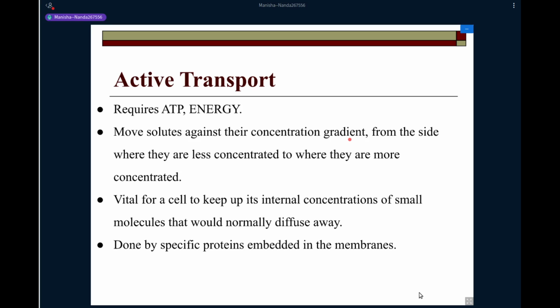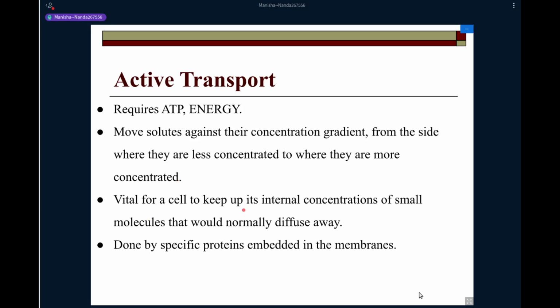This movement happens in the form of energy, so they move solutes from the side where they are less concentrated to where they are more concentrated.